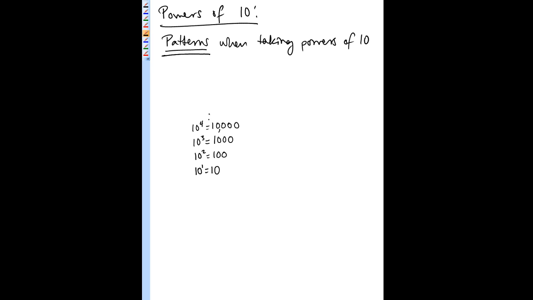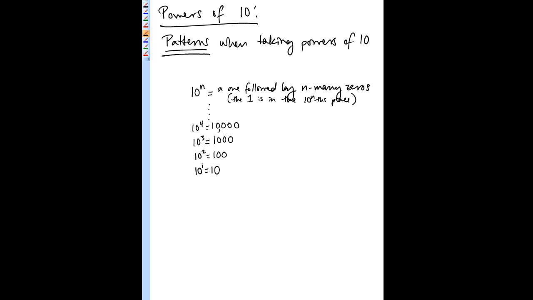So we'll notice that the pattern as we go on is going to be that if we have 10 to the nth power, we're going to end up with a 1 followed by n many zeros as we go up. In other words, in these examples, the number 1 is in the 10 to the nth place.